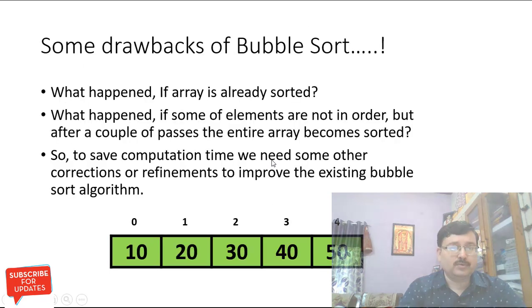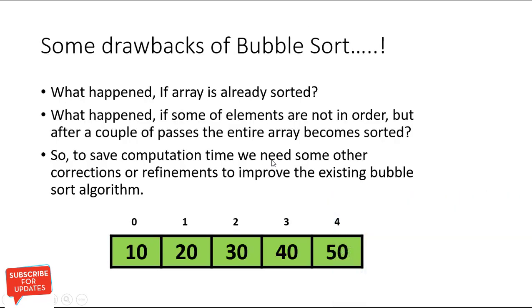So now come to the drawback of this bubble sort. What happens if the array is sorted? If the array is given already sorted at the start and we apply bubble sort, a total of n minus 1 iterations are required whether it is sorted or not sorted. So this is the drawback. It will take the full time.